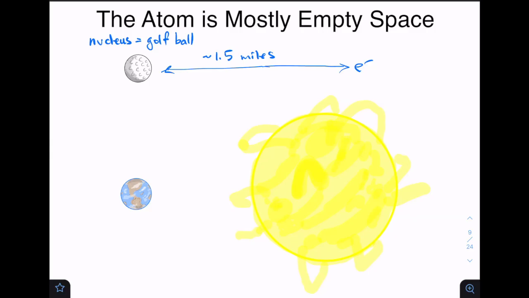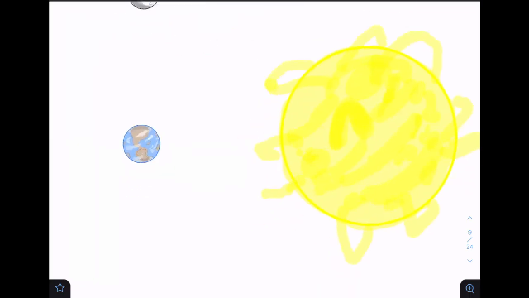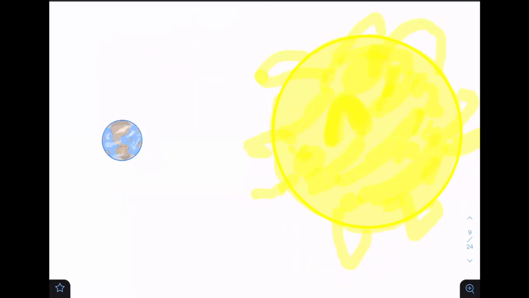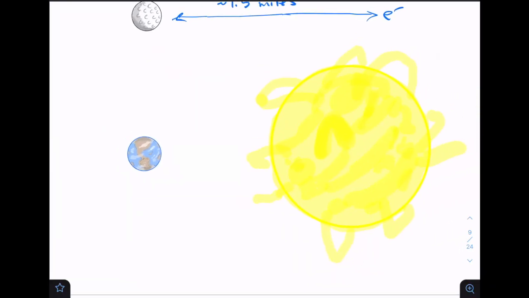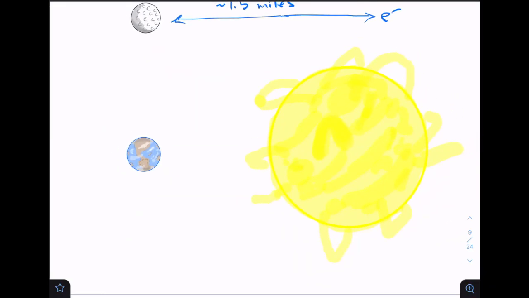Now, sometimes that comparison impresses students, other times it doesn't. So I have this other example here. Here's my beautiful drawing of the planet Earth that we all live on. So let's say that the nucleus was the size of the planet Earth. How far away is the closest electron on that relative scale? Well, here's an idea.